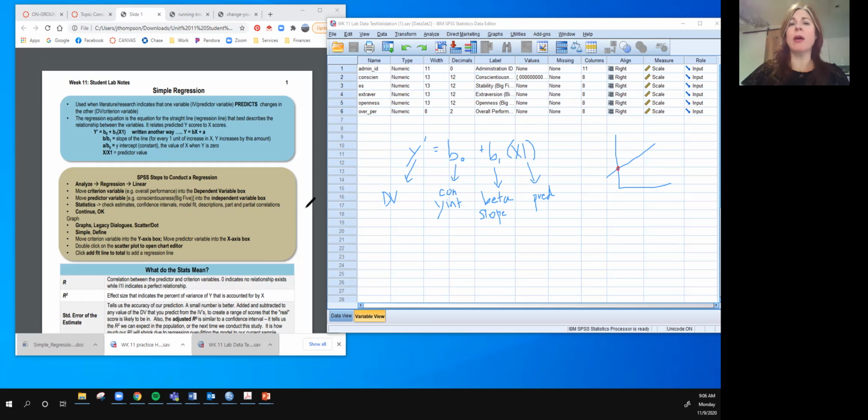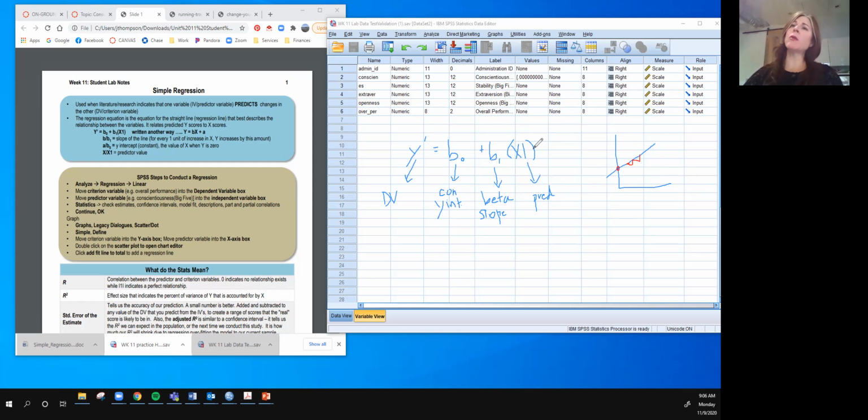And another way to think about it is, for each unit that you move over in X, how steep do you go up to Y, right? So you can think of it like a ladder or a step. This is telling the line how steep to be.